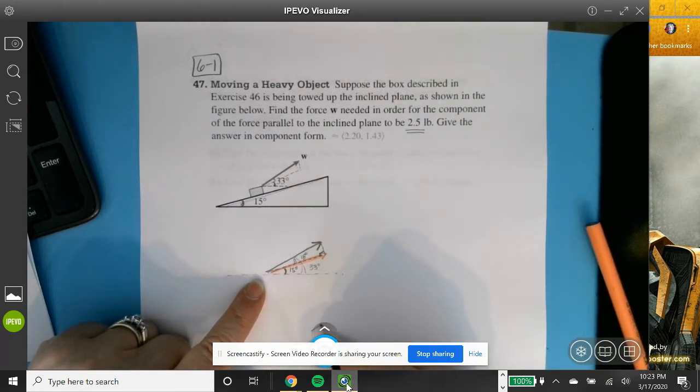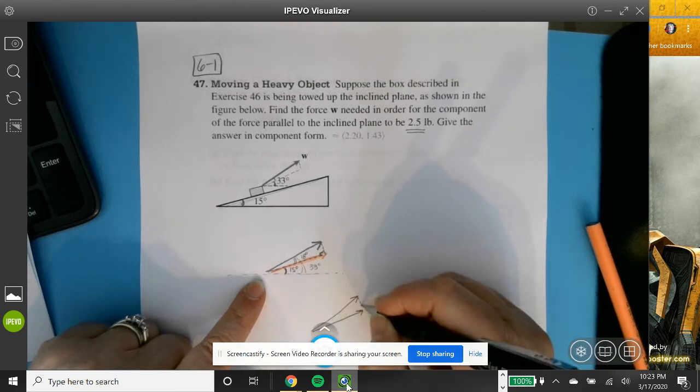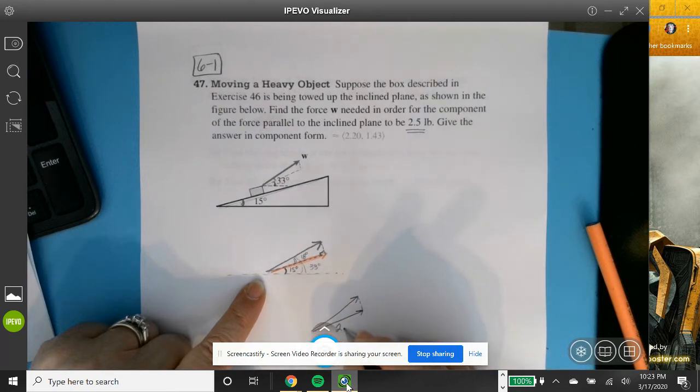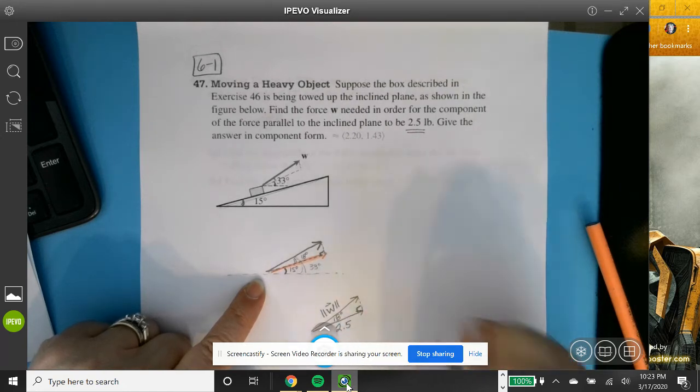So I'm going to draw it. Here's my W. Here's my other one. And I want this to be 2.5. And this is W, the magnitude of W. And I know this is 18. And this is a right angle.